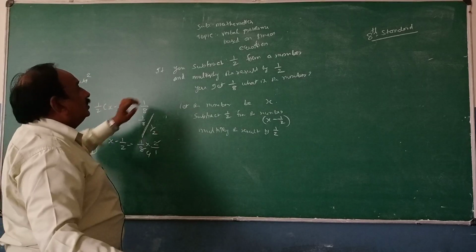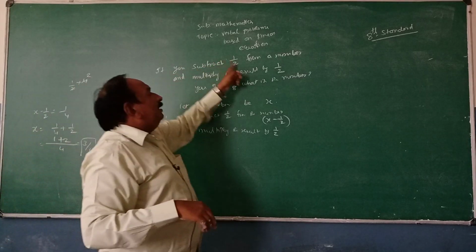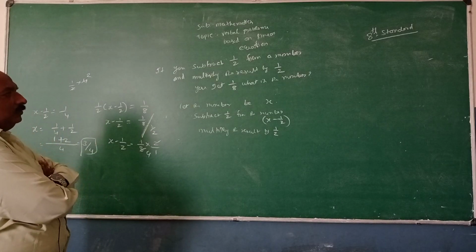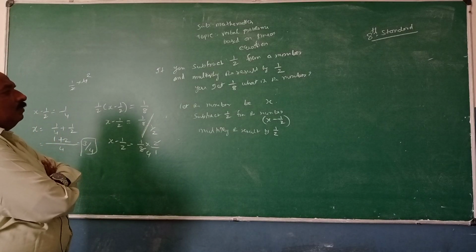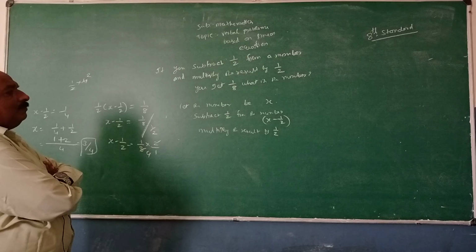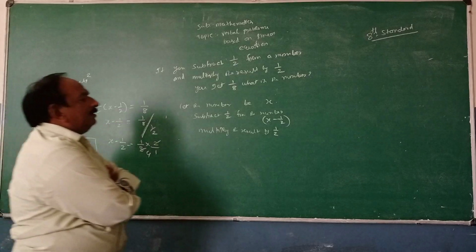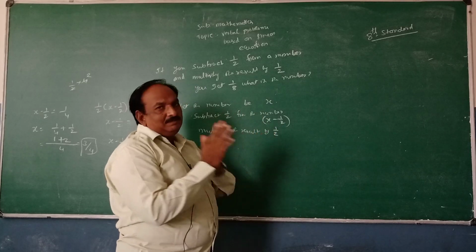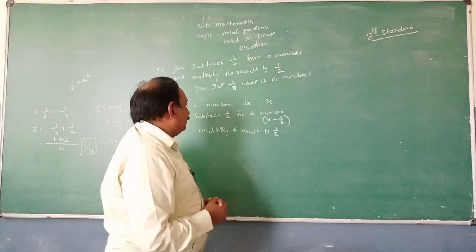Once again, if you subtract 1 by 2 from a number and multiply the result by 1 by 2, you get 1 by 8. What is the number? Let the number be x. Subtract 1 by 2 from the number: subtract means minus, x minus 1 by 2.